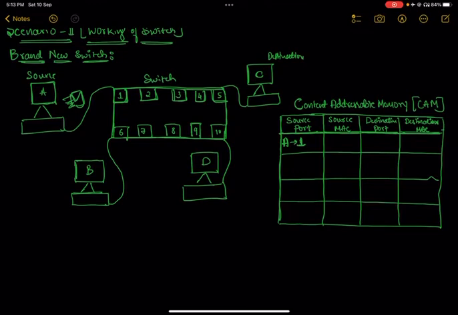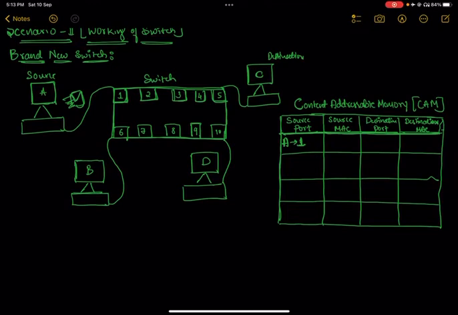Switches maintain a table called the content addressable memory table, the CAM table, to maintain the state of all this information. This is how it first stores all the information, and based upon it tries to make a wise decision.